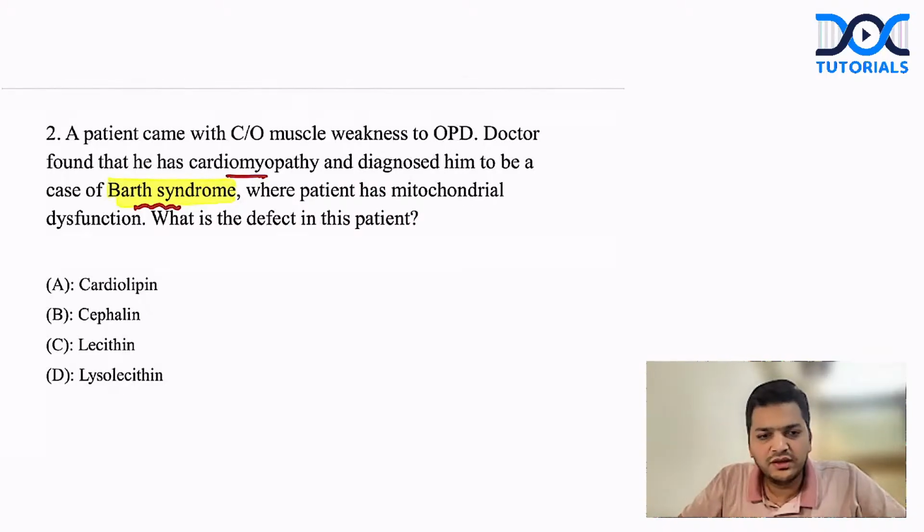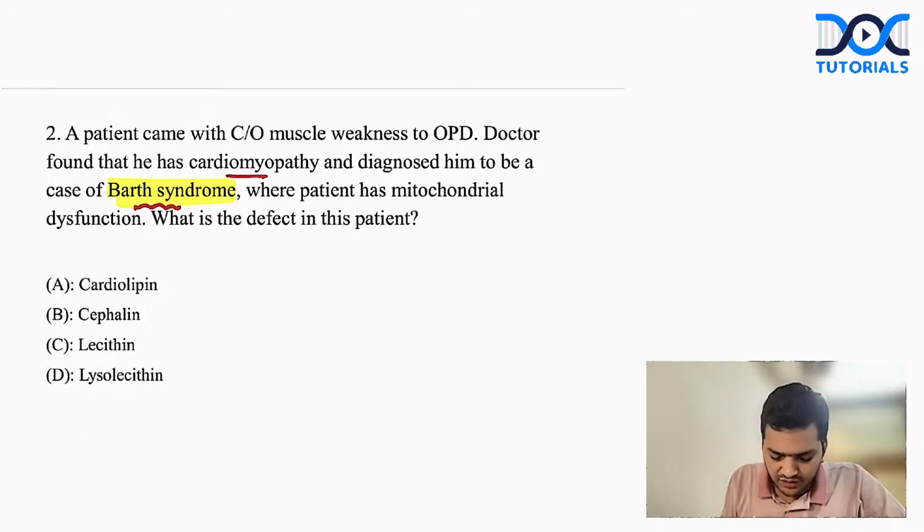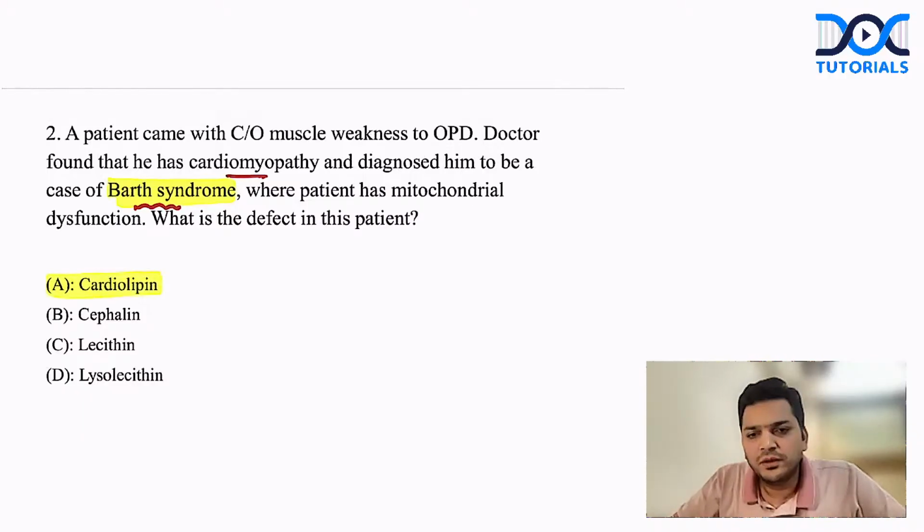Barth syndrome is a defect of cardiolipin. In this, the mitochondria of the cardiac muscle and skeletal muscle are not going to work because the cardiolipin molecule in the mitochondrial membrane is not working, and that will lead to the muscle weakness as well as the cardiomyopathy.